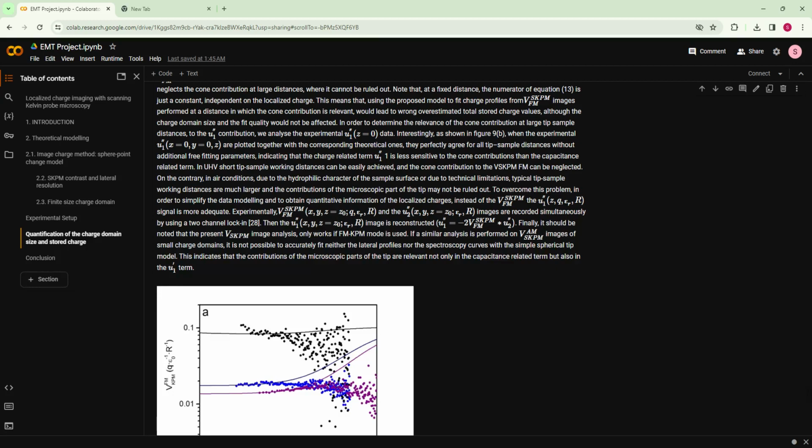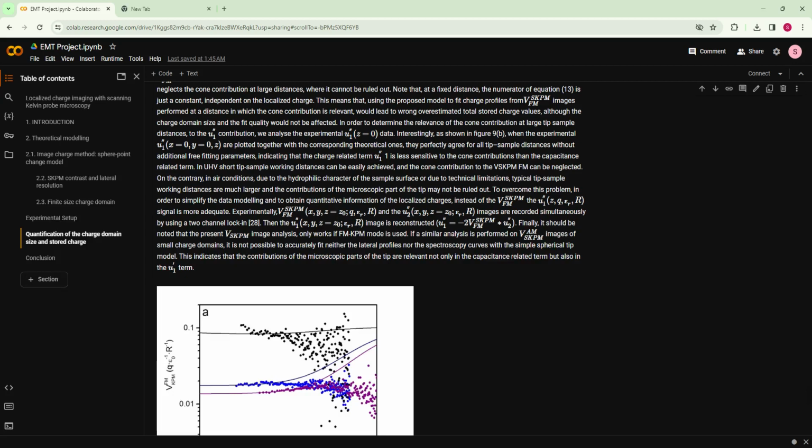So then the U1 double dash x y z equals to z naught epsilon r in the image is reconstructed.